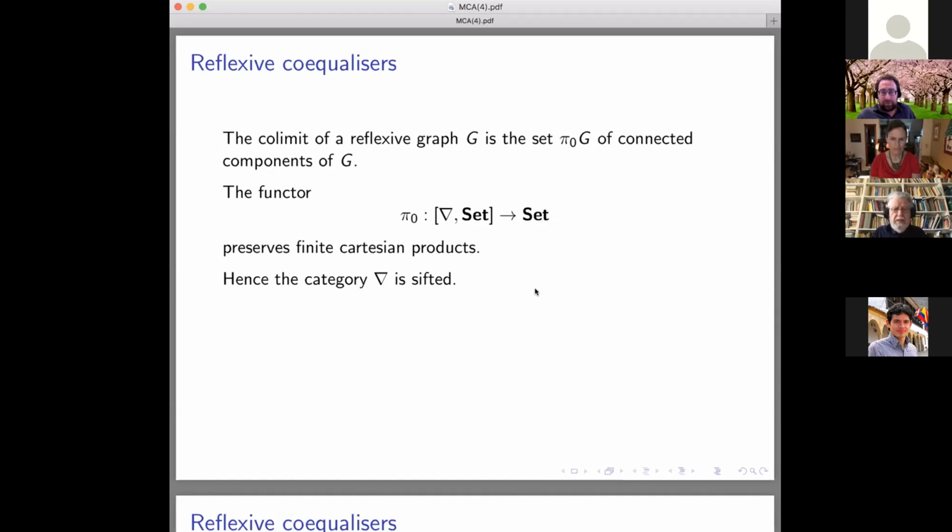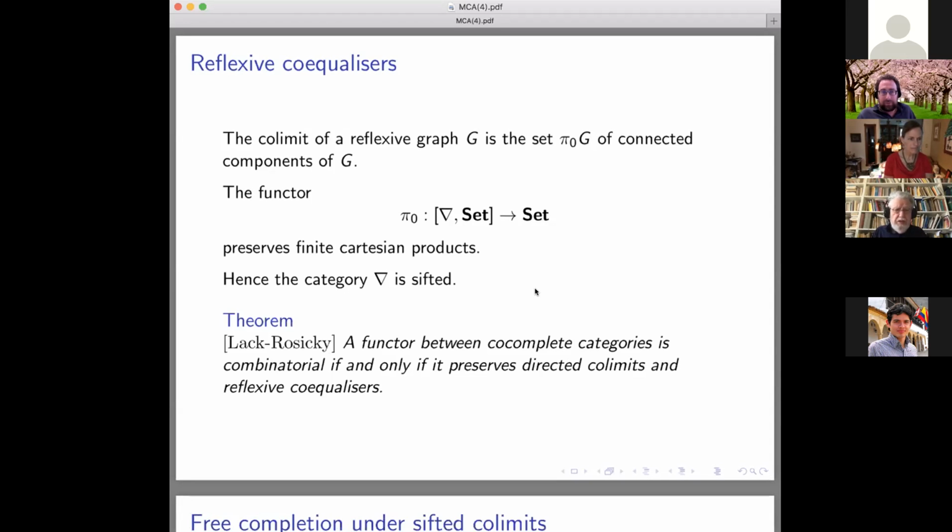So that means that the category nabla is shifted. And there is a theorem: a functor between cocomplete categories is combinatorial, that is, preserves shifted colimits, if and only if it preserves directed colimits and reflexive coequalizers.